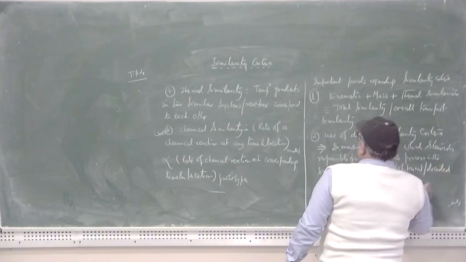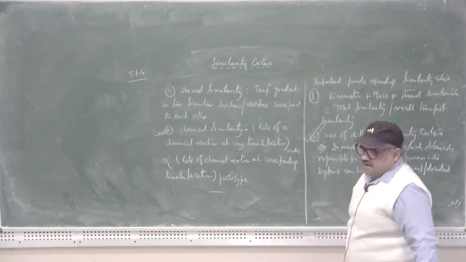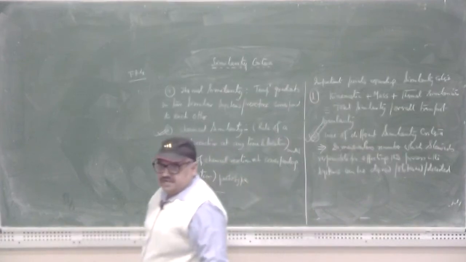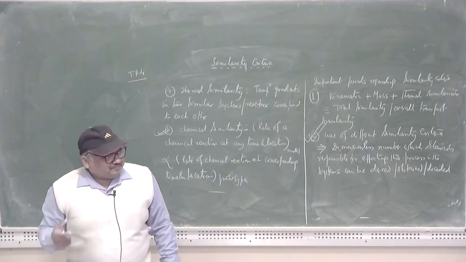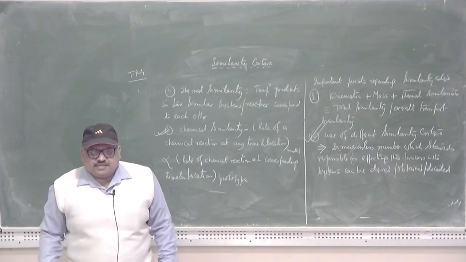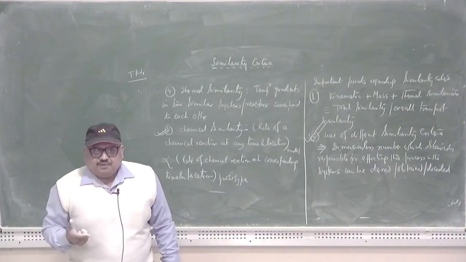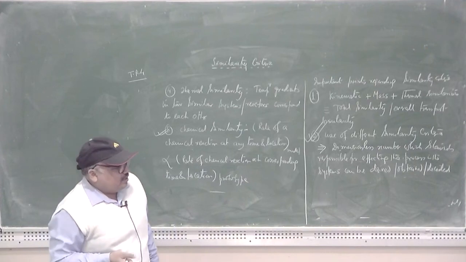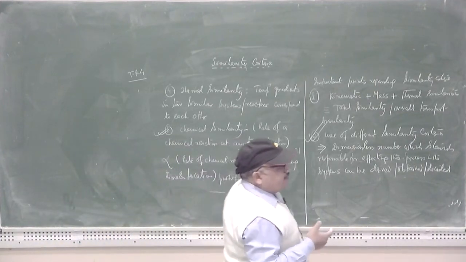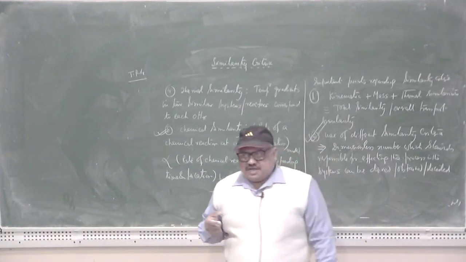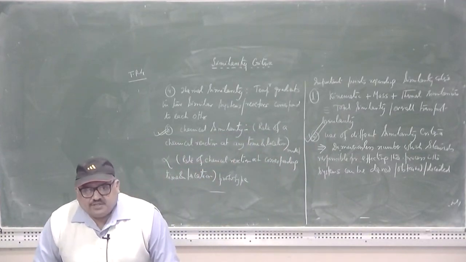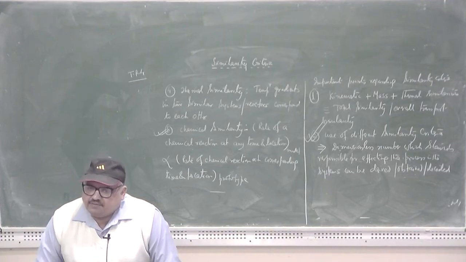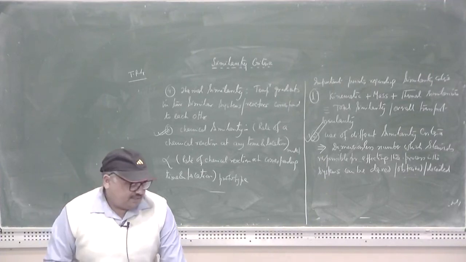This is the most important aspect of the similarity criteria: if you are using the similarity criteria with reasonable accuracy and scientific background, then it is possible to arrive at that particular dimensionless number which can affect the processes carried out in the model, in the prototype, as well as in the lab scale equipment.